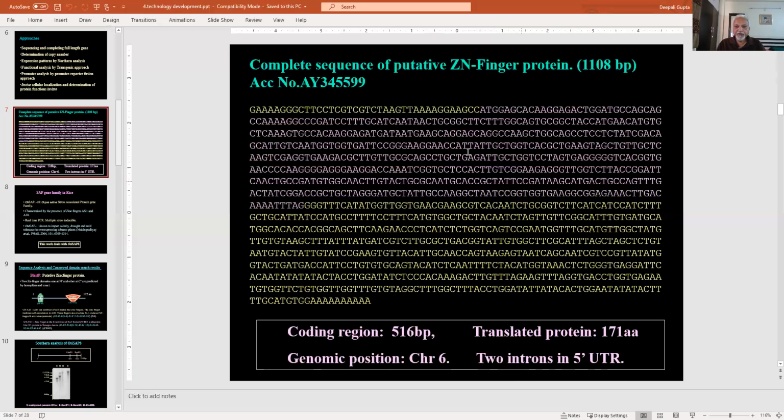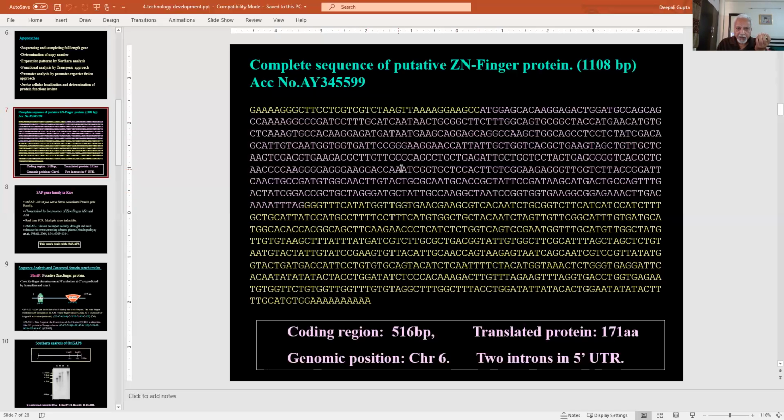These introns are actually beyond this part, so in the 5' upstream region from the coding region start site. Those were missing, but they were redundant in the sense that these two introns are in the untranslated region. So what is important is the translated region, or the coding region, which is involved in making the protein. To that extent, we could derive the information about the gene sequence.